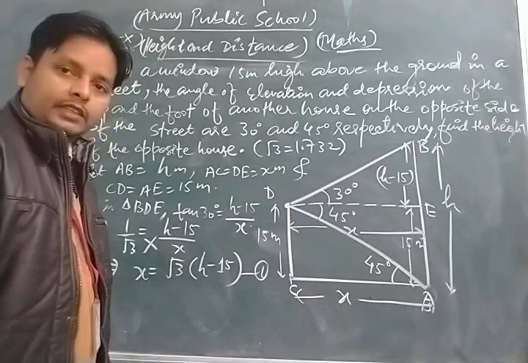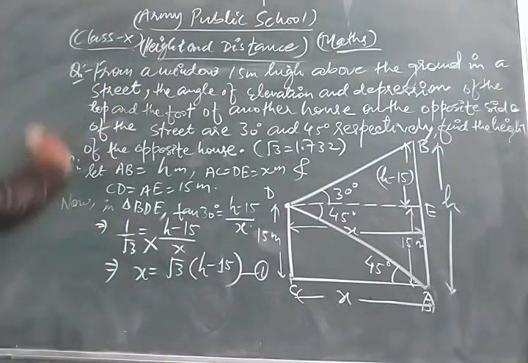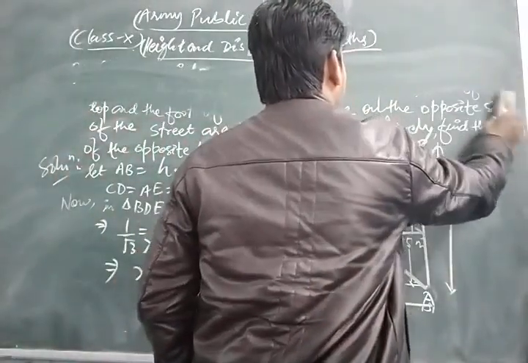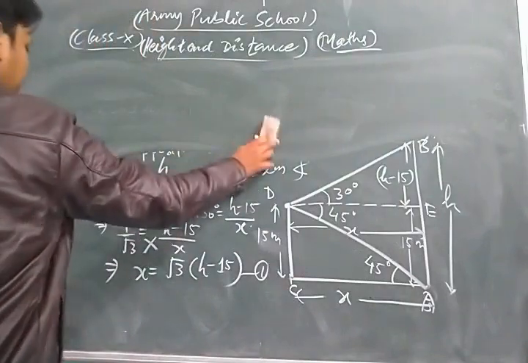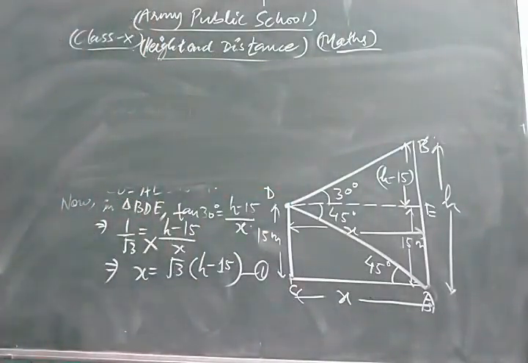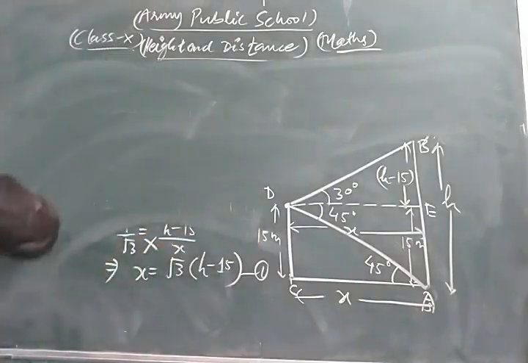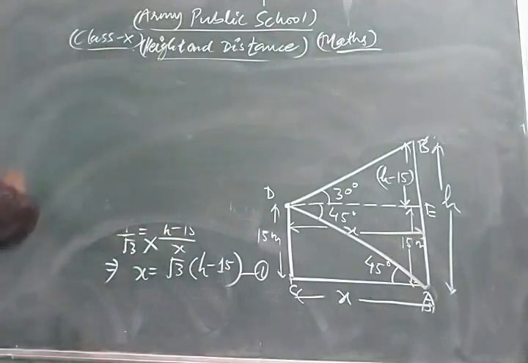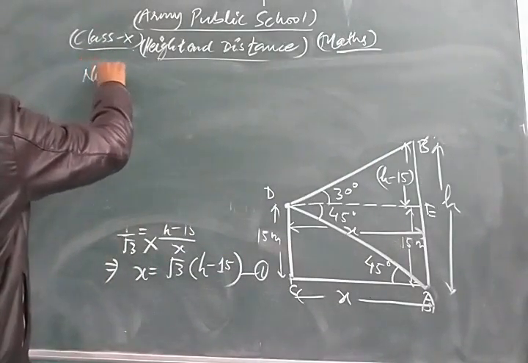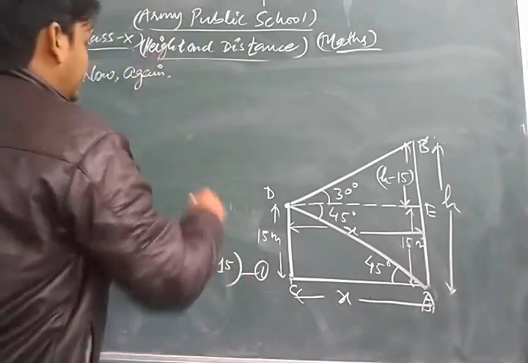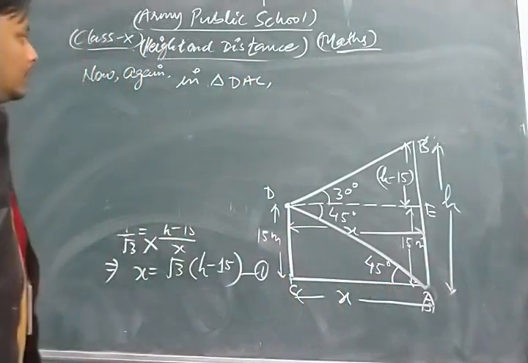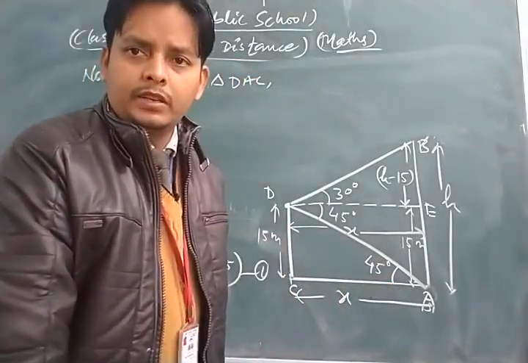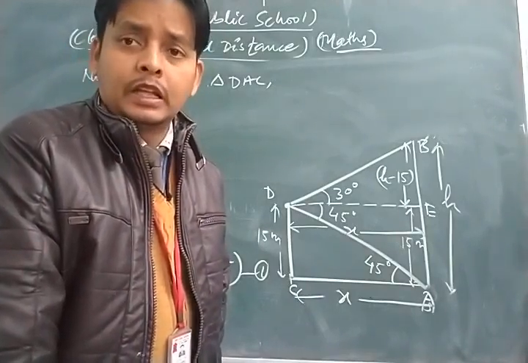Okay. Now we again take the triangle DAC. Look, now again in triangle DAC, we apply the tangent rule.